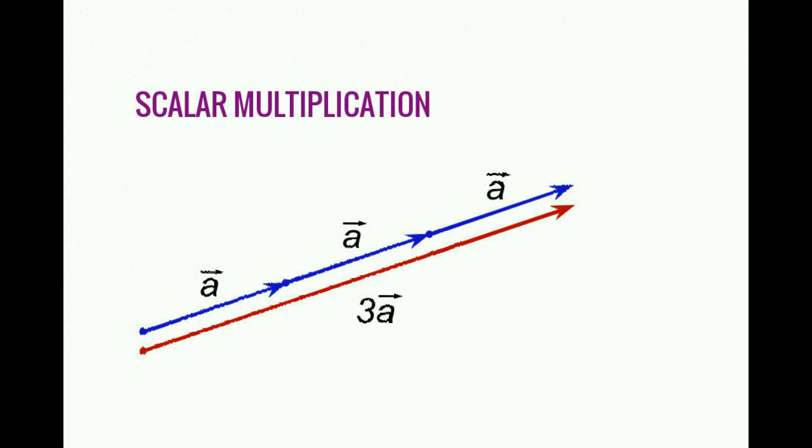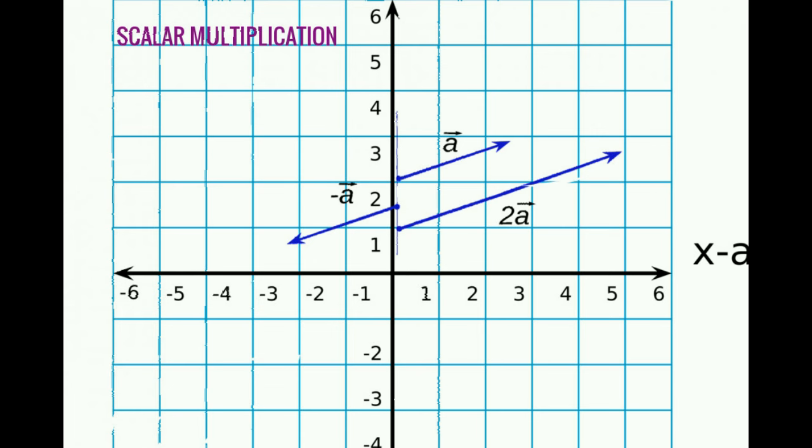Now there is something called scalar multiplication. Here I am representing 3 equal vectors. A is equal to A plus A plus A, and you can add these 3 or you can simply say 3 times vector A, and 3 is a scalar, so it's called scalar multiplication. You can easily understand from the diagram.